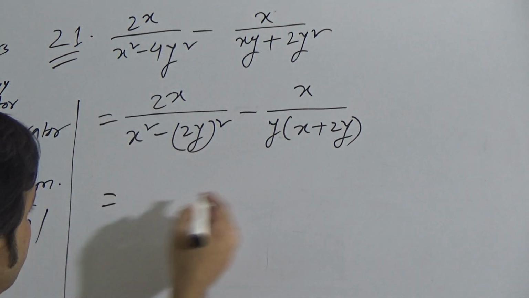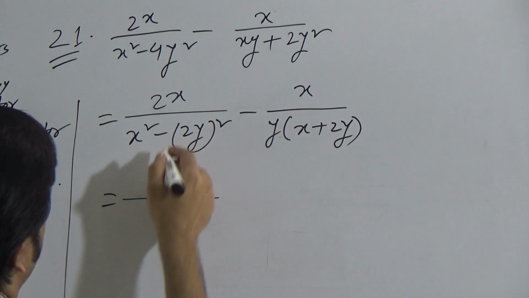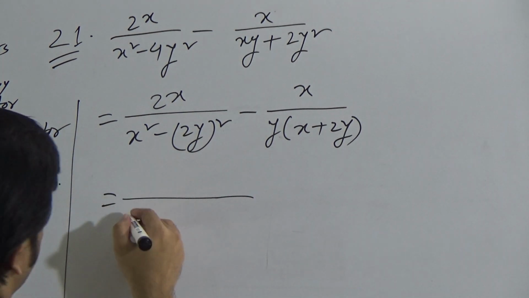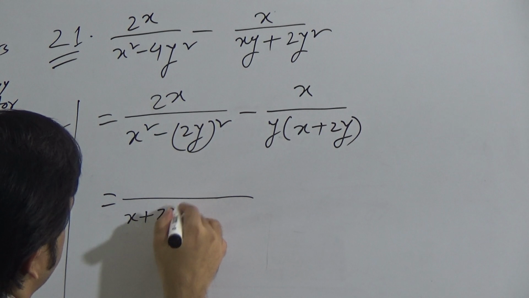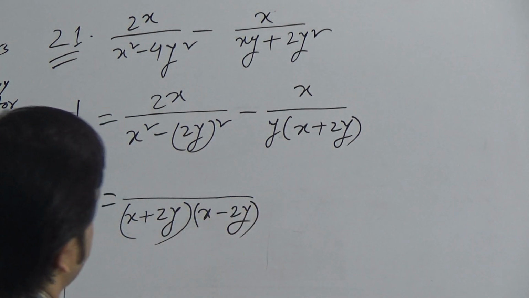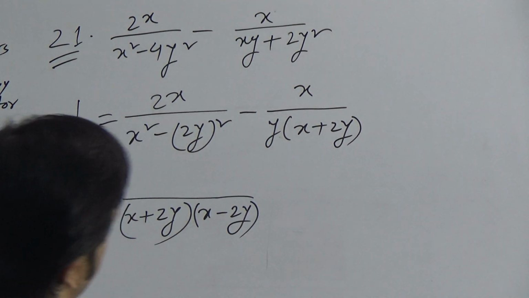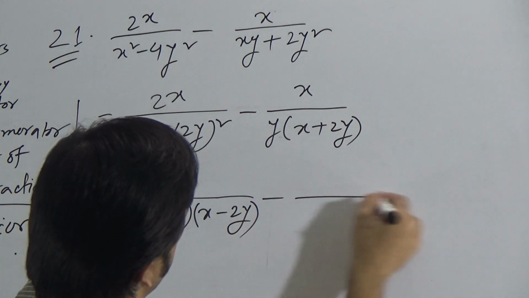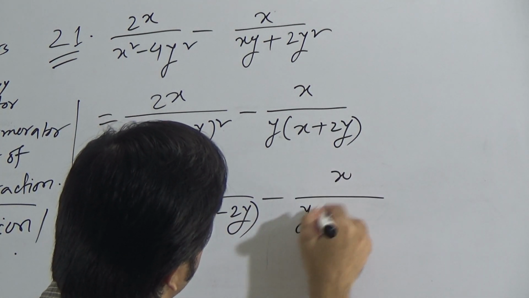Now we have to write the formula for this one. Using the formula a square minus b square equals a plus b into a minus b, we can write x plus 2y into x minus 2y, and 2x will be in the numerator and this one will remain the same.